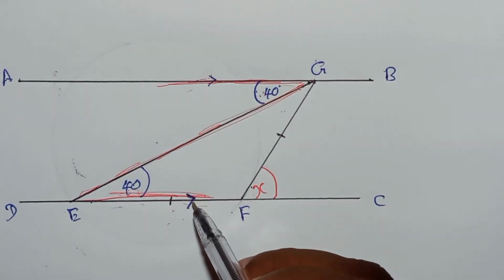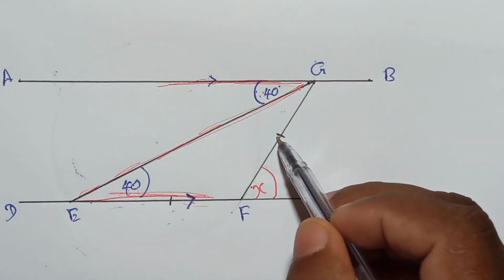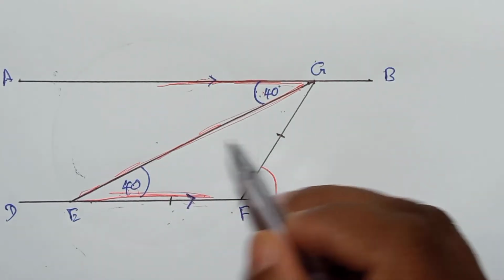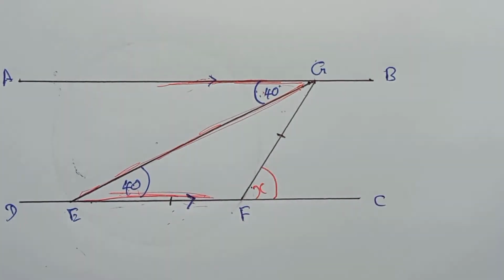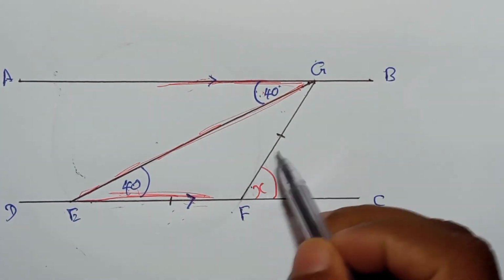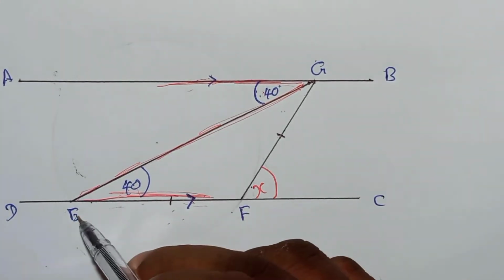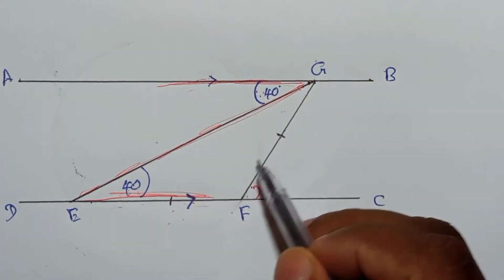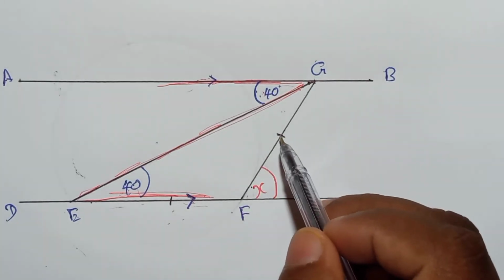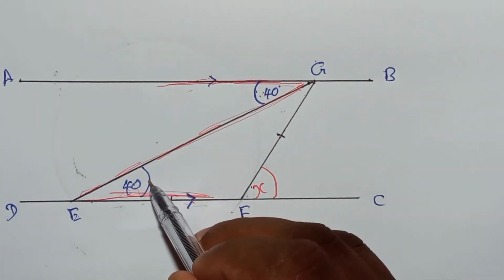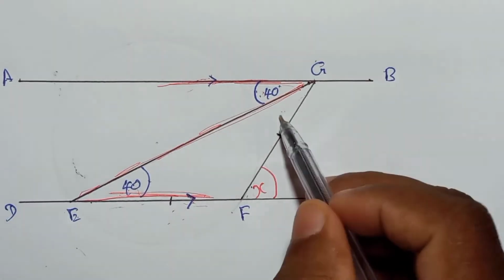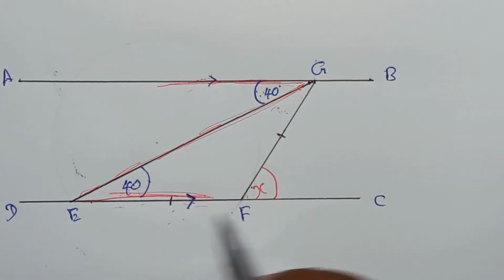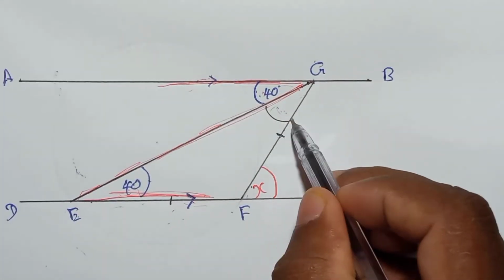In an isosceles triangle, the angles opposite the equal sides are equal. That means EF and FG are equal, and this is the opposite angle of side FG, and this angle is opposite of EF, right? That means these two should be equal.